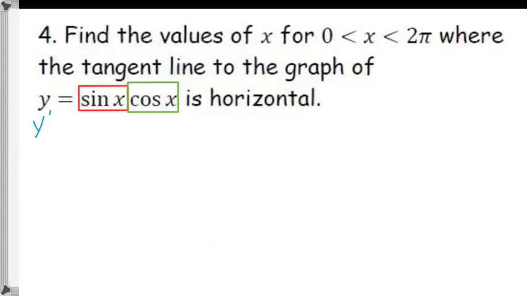Y prime, so here's my product rule. Derivative of the first is cosine x times the second, which is cosine x, added to the first, which is sine x, times the derivative of cosine, which is negative sine x.